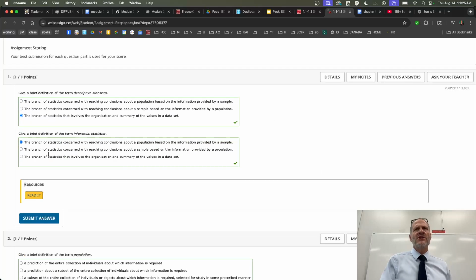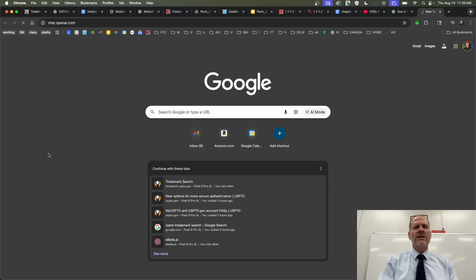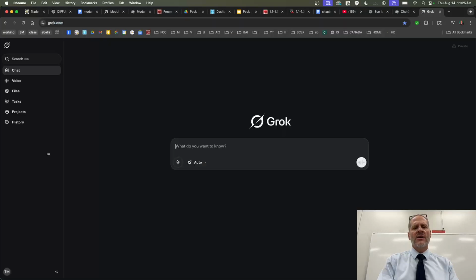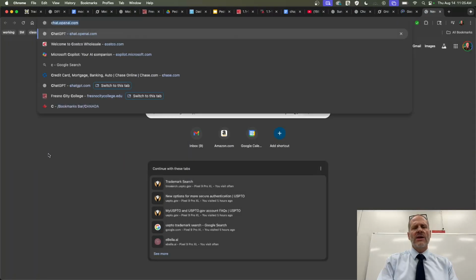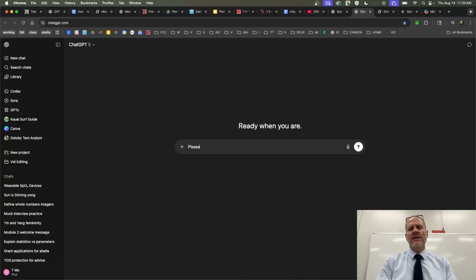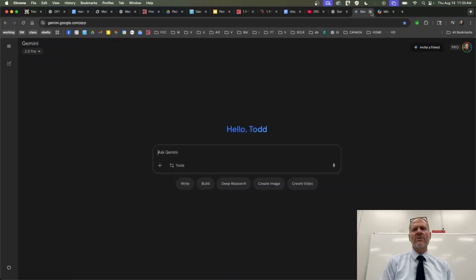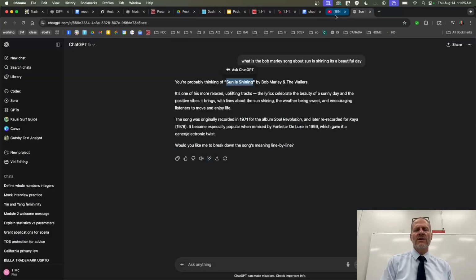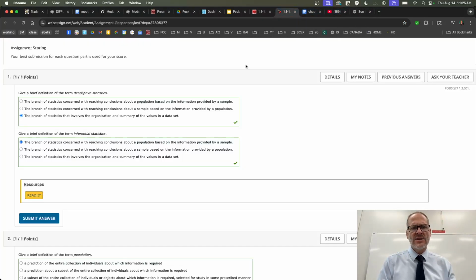You could go to ChatGPT, or you could go to Grok, or you could go to Gemini, or you could go to Copilot. And at any of these places, you could say, please tell me how to take a screenshot on a Mac or whatever. And it'll tell you how to do a screenshot on a Mac or on Windows or on whatever device you're on. And so you could take a screenshot of this.